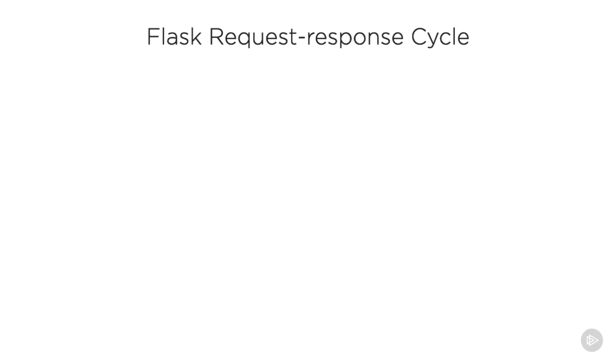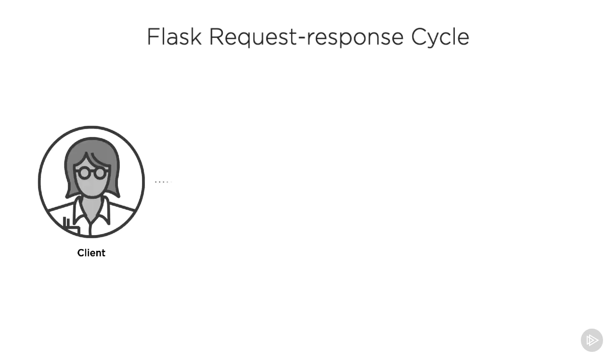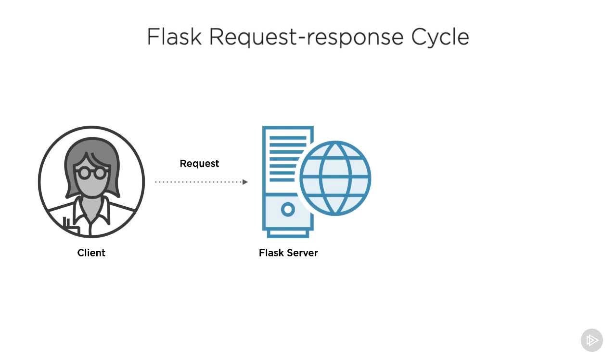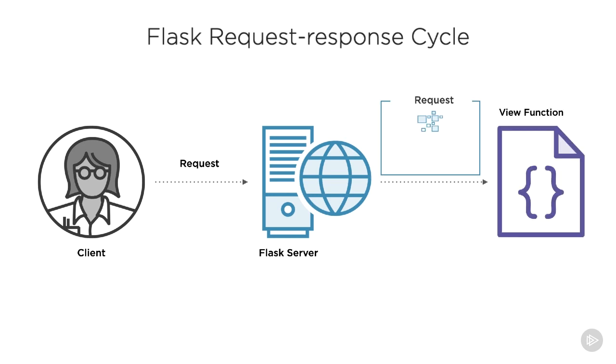So let's talk about the request-response cycle. It's really important to understand how Flask takes the request and gives the response back, and what happens between these stages. So first, a client makes a request to the Flask server. When Flask receives a request from a client, it needs to make a few objects available to the view function that will handle it. A good example is the request object, which encapsulates the HTTP request sent by the client.